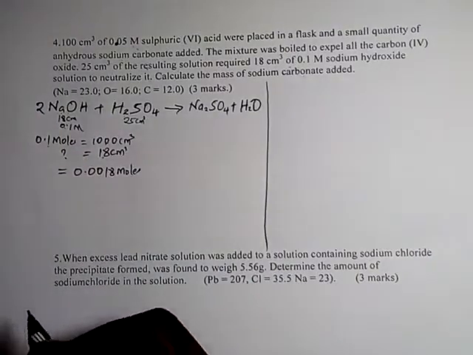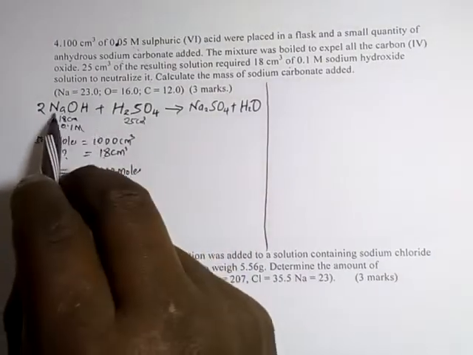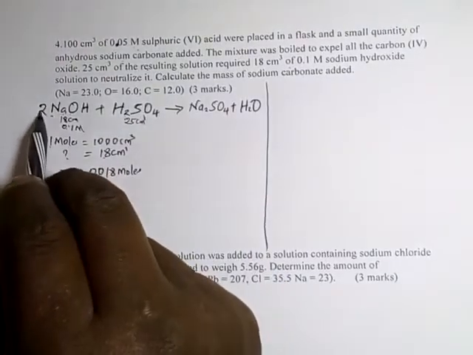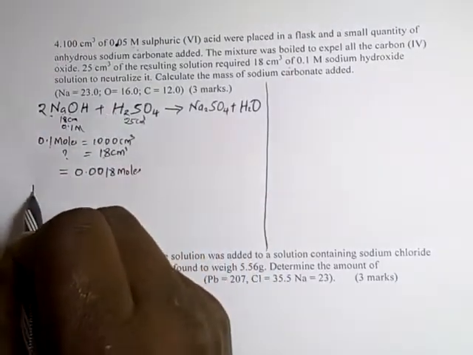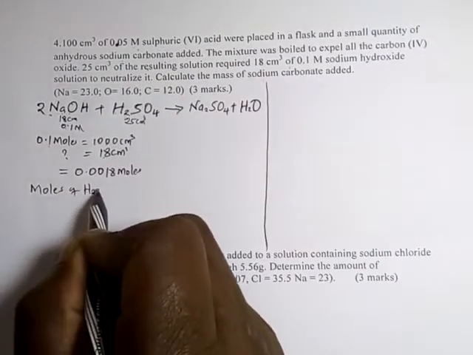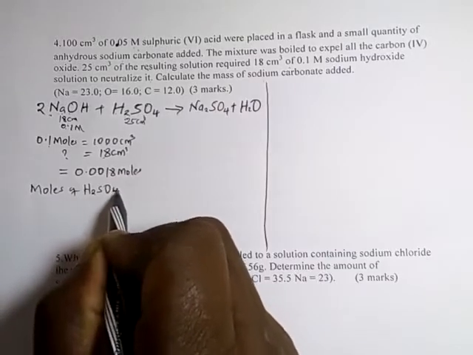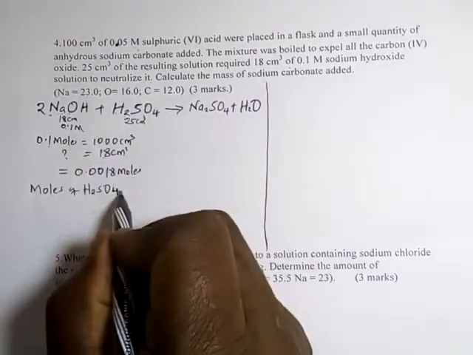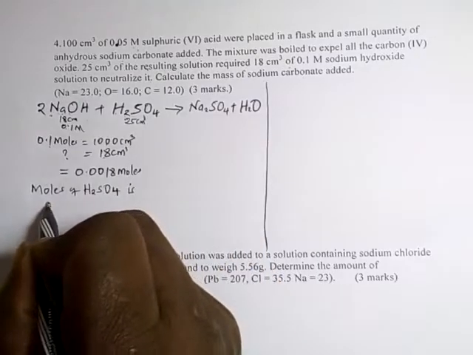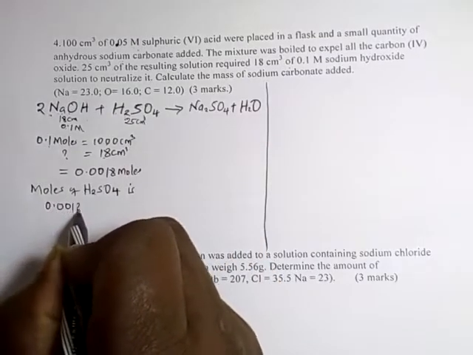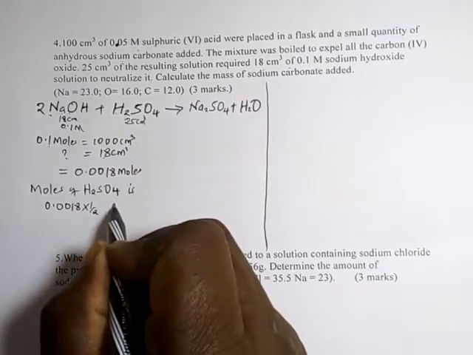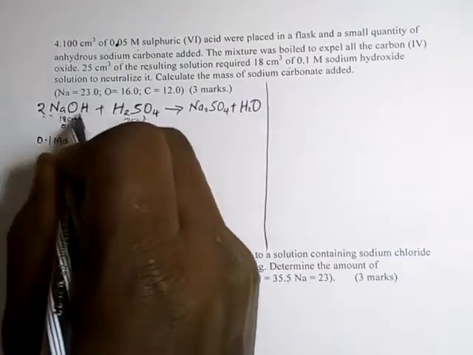Next one, now we can get the number of moles of sulfuric acid that reacted with this. The ratio here is 2 to 1. So moles of sulfuric acid that reacted with sodium hydroxide is 0.0018 times a half, because the ratio is 2 to 1.